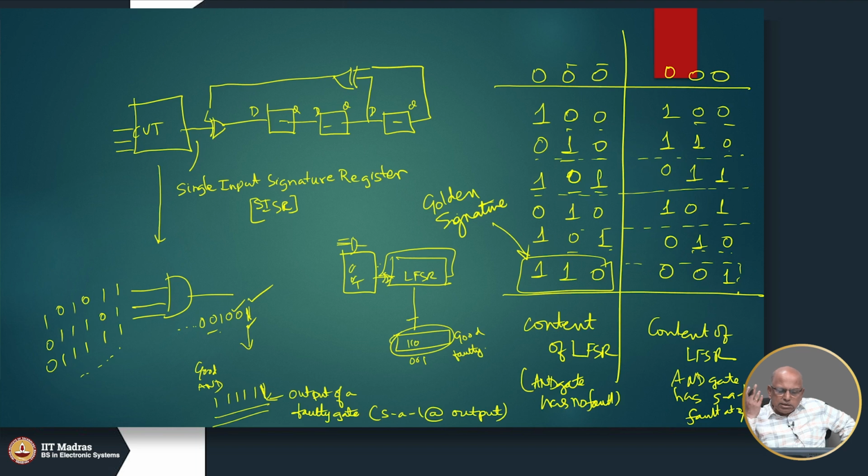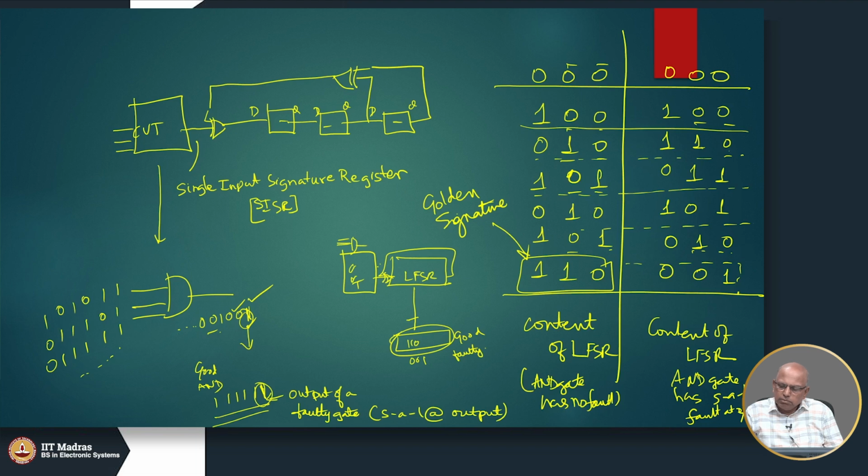What is a signature? It is nothing but the content of the shift register after several clock cycles have elapsed. See here, if you allow only one clock cycle, unfortunately the signatures are the same, because the first bit is the same. If you only apply one clock cycle, then you have not been able to distinguish the good AND gate from the faulty AND gate.